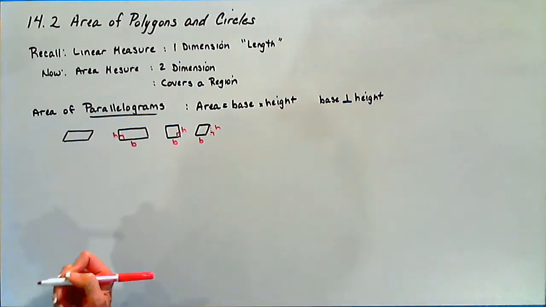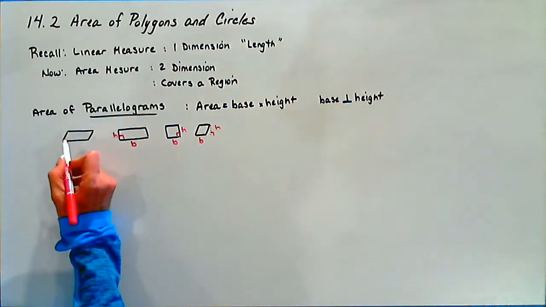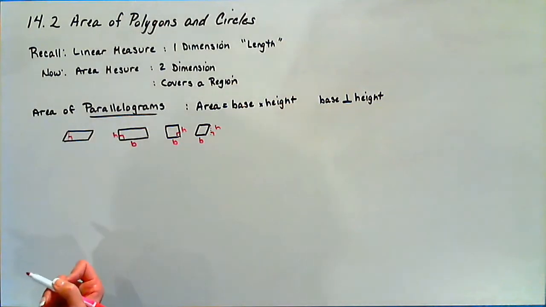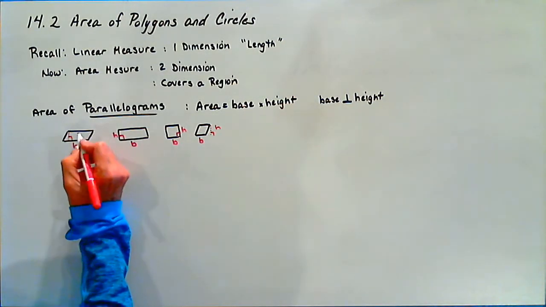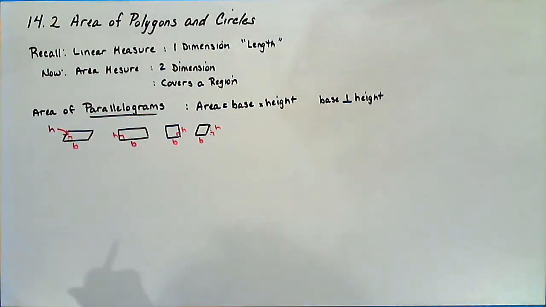You can either put this height on the inside or the outside of the figure. So on the rhombus here, I'm going to put it on the outside. On this parallelogram, I'm going to drop it from the vertex, on the inside. It does not matter, as long as the base and that height are perpendicular to each other. Okay, so let's look at a few examples and we'll practice some of these.